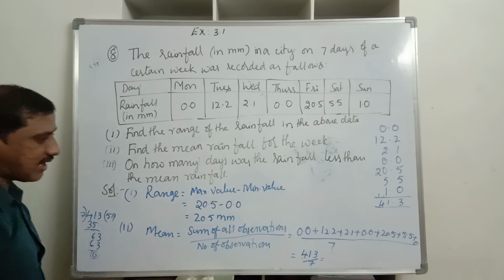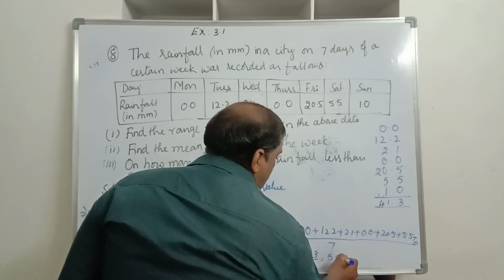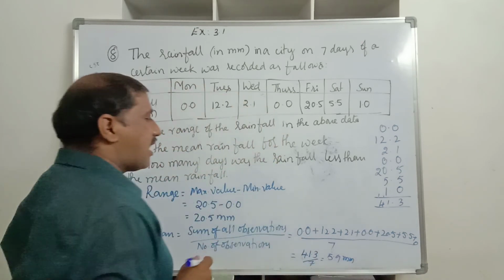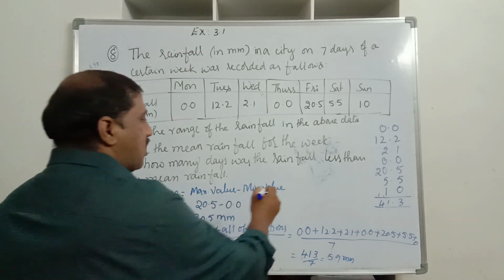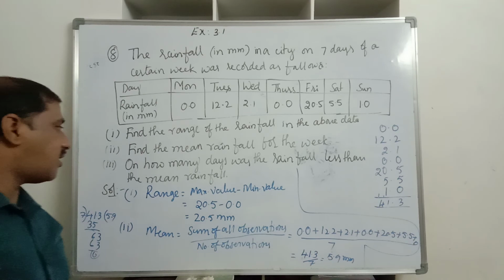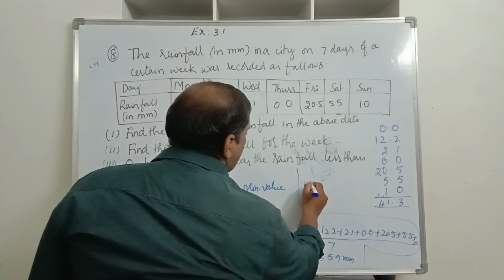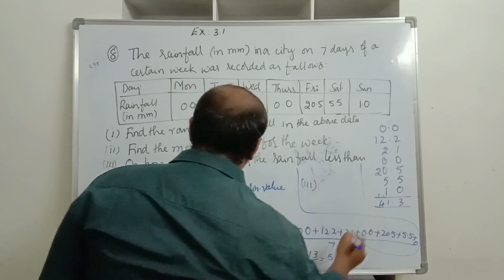Therefore the average rainfall is how much? It is 5.9 millimeters. So what is the average rainfall of that week? It is 5.9 millimeters.